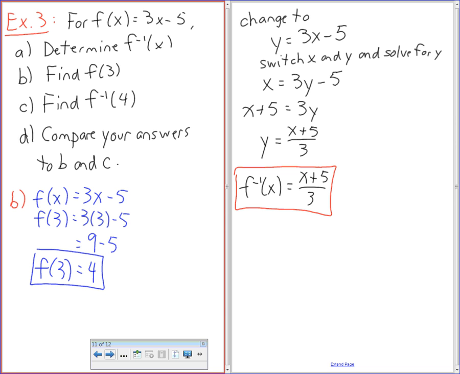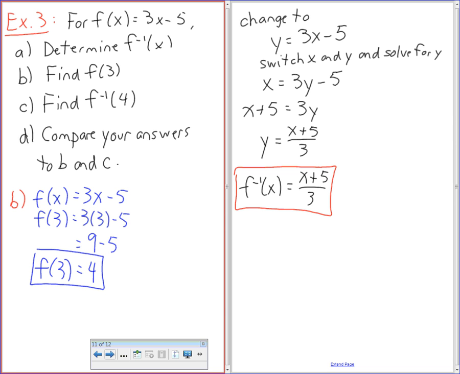Now, this is the whole point of inverse. Before I do any calculation work, when I find f inverse of 4, what should the answer be without any work? Why should it be 3? Good. Very good. When you put 3 in the original function, you get out a 4.